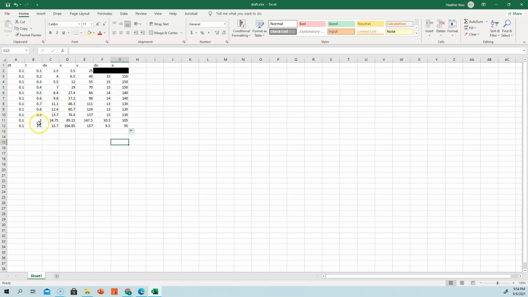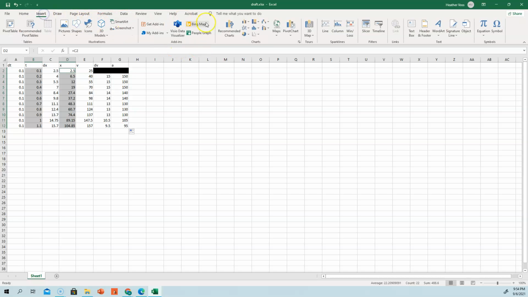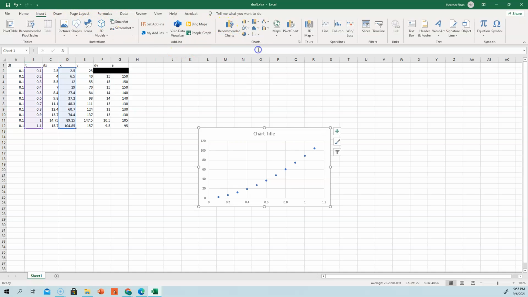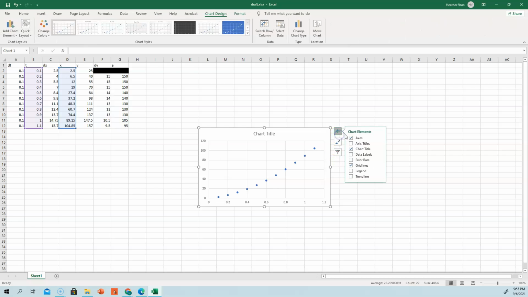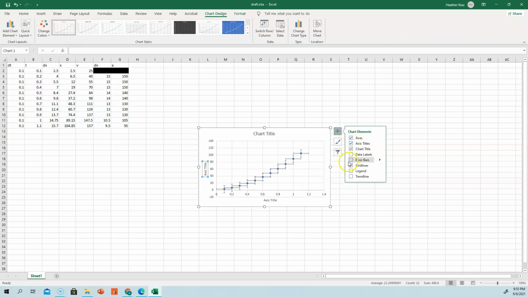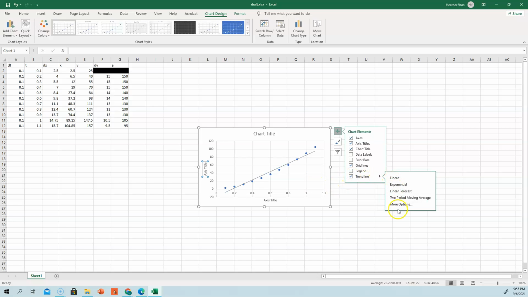So what graphs did I need to make? I needed to make total time versus total position. So if I go to total time over total position, and I have a scatter plot, obviously you're going to want to add axis titles and give this chart a name. Now if you are in Physics C, you will also want to add a trend line.